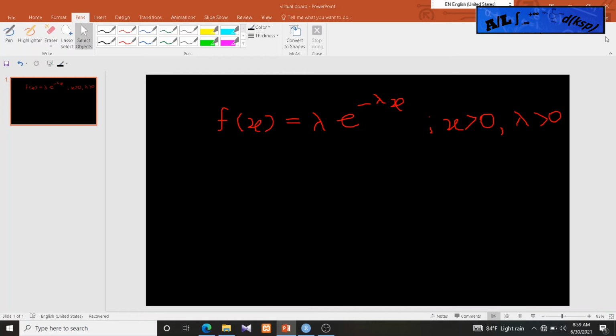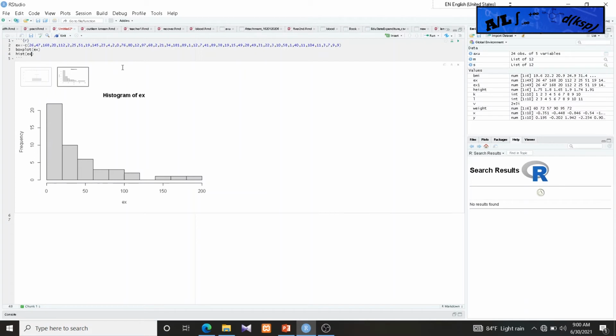So you can see f of x equals lambda times e to the power minus lambda x, where x and lambda are both larger than 0. Lambda is related to the rate, but it's not necessary to talk about it here, because that should be discussed in the theoretical part. Somehow you can find the median here.